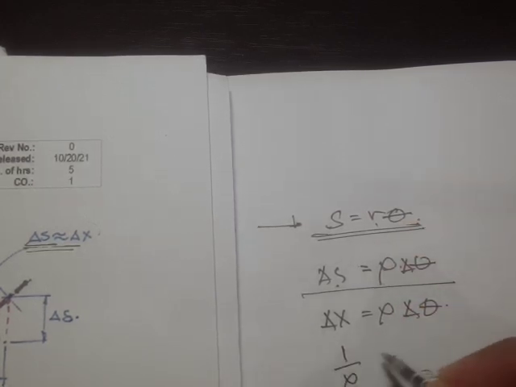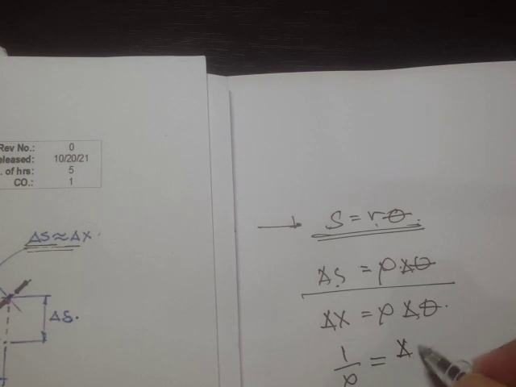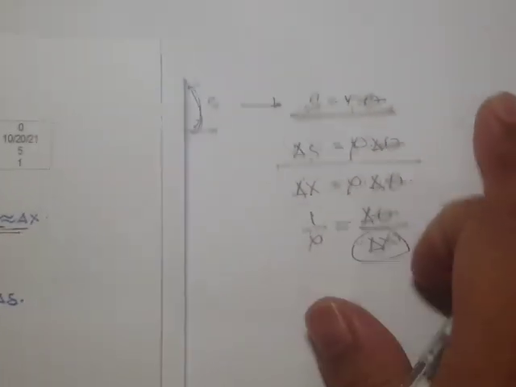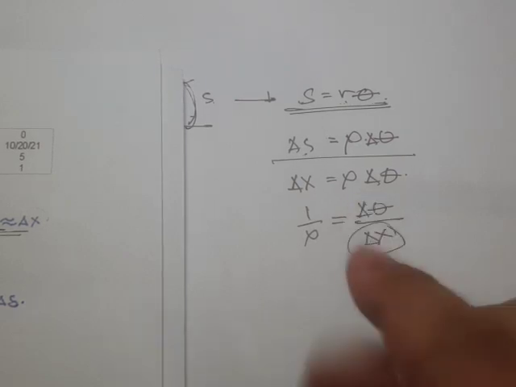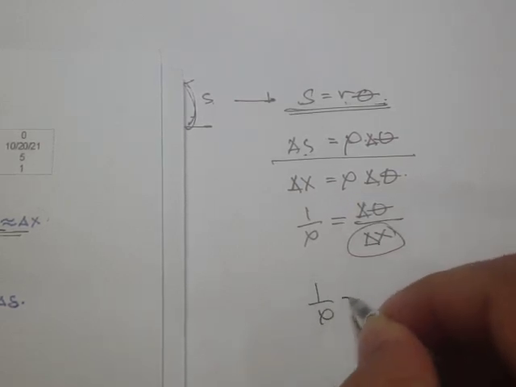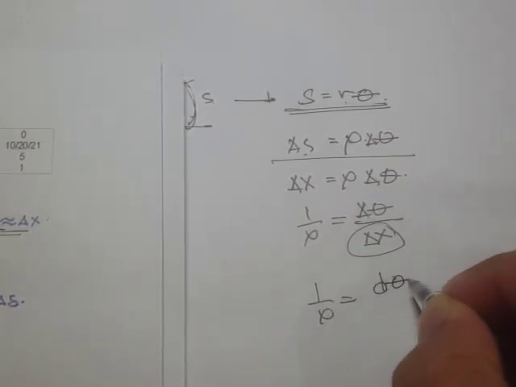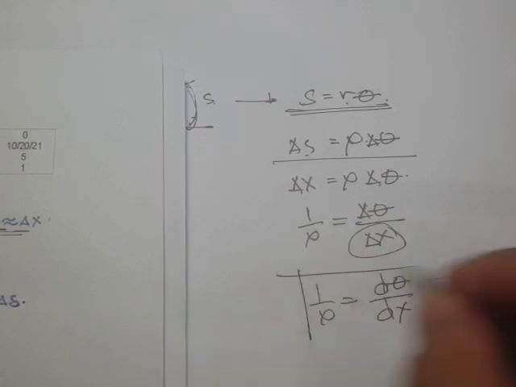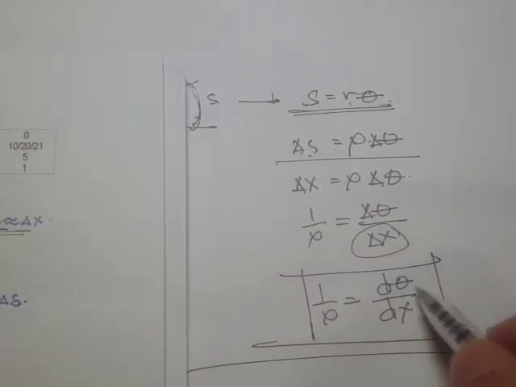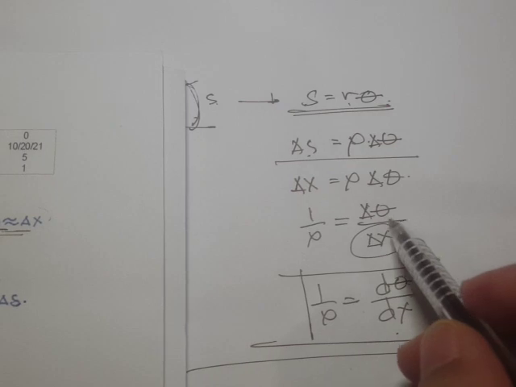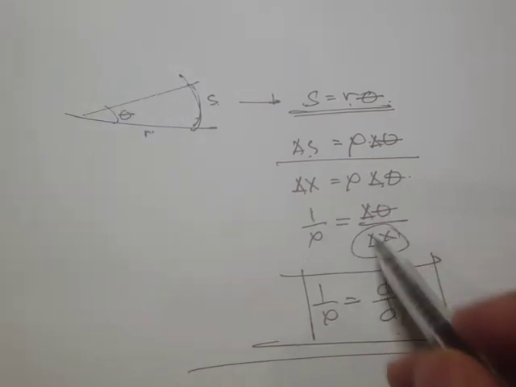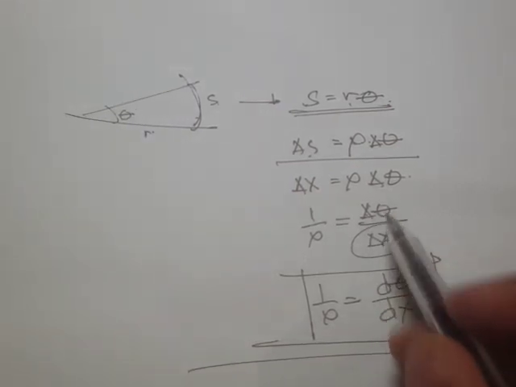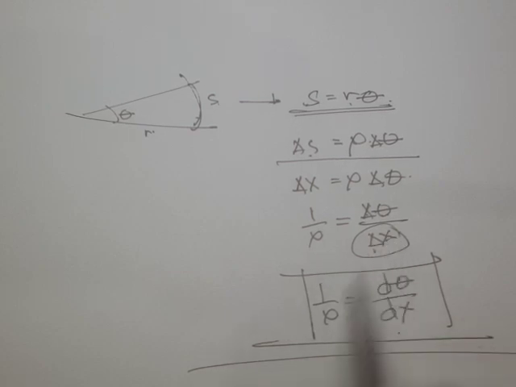And if we rearrange this equation, what we get is delta theta over delta x. And if we take the limit as delta x approaches 0, what we get here is d theta over dx. Again, how did we arrive at this expression? It's simply because of taking the limit of this delta theta over this delta x.